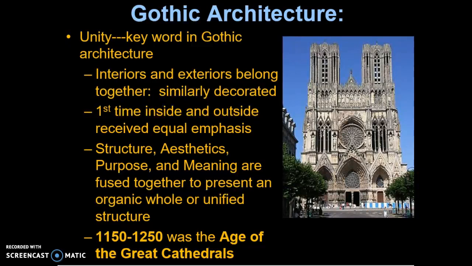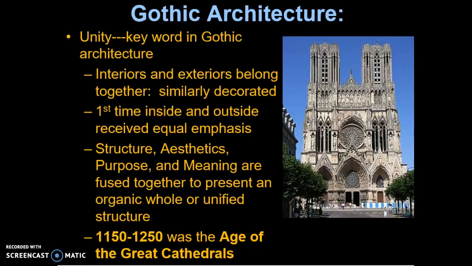This is the first time in the history of architecture and cathedrals and basilicas that we are really seeing an equal emphasis on the inside and the outside. Structure, aesthetics, purpose, and meaning all fused together. So they're really trying to make all of those components work together.